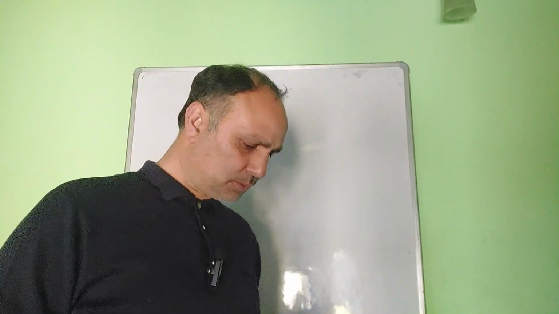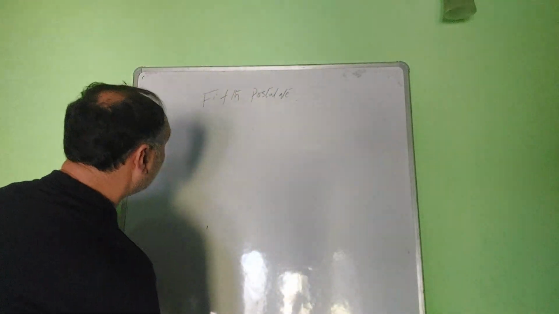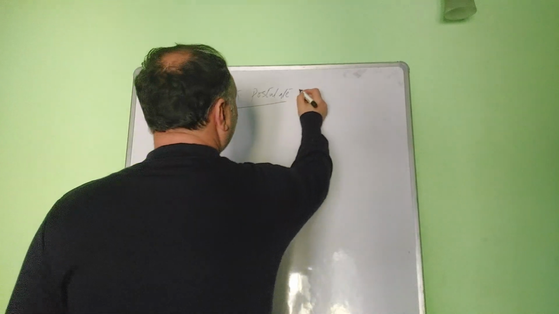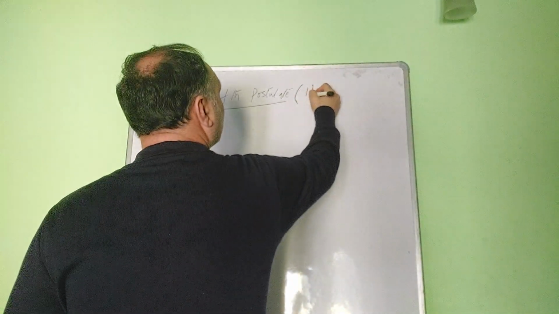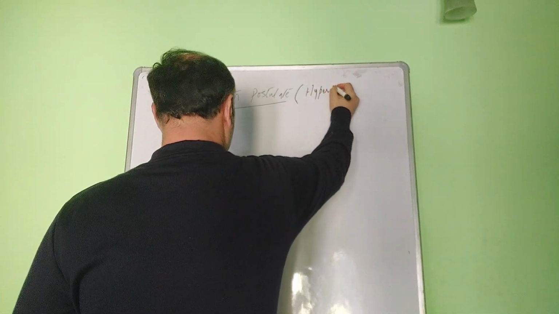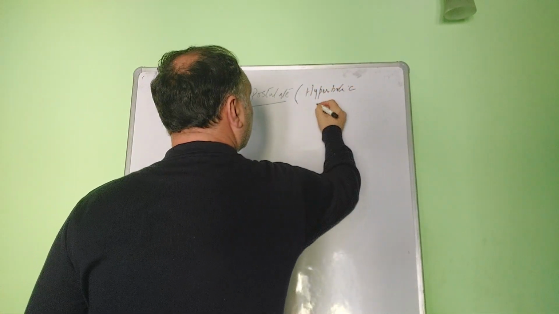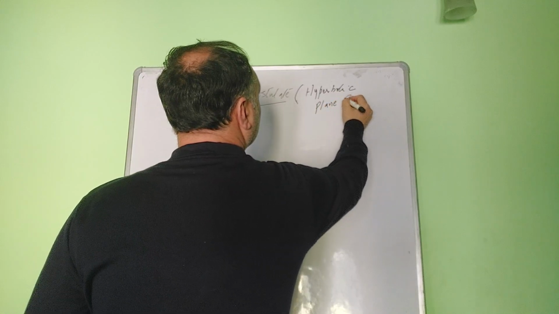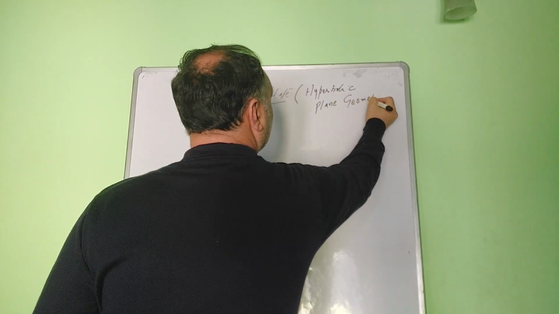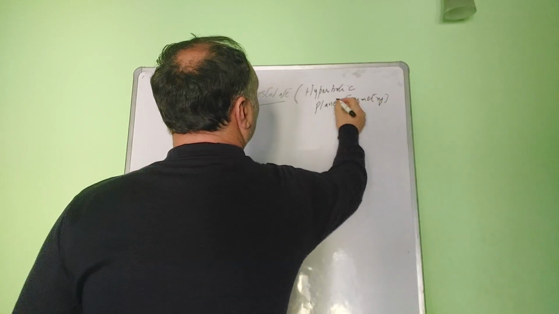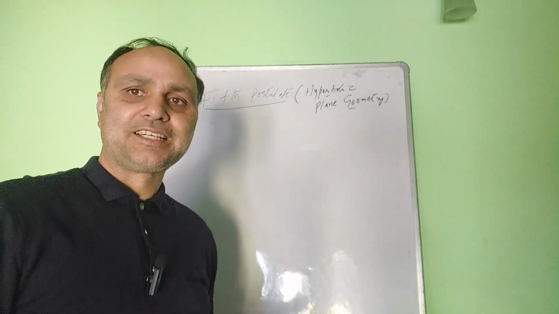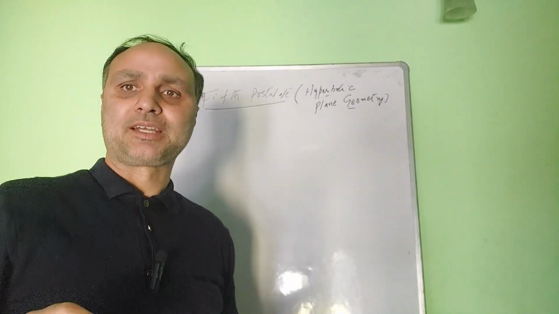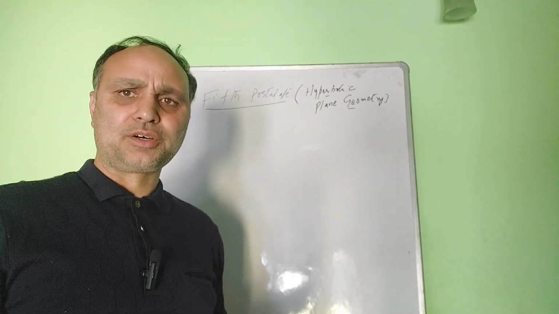So we're going to continue our discussion of the fifth postulate, and how we can define it within hyperbolic plane geometry. So we assume that from a given point to a straight line, there can be more than one parallel line drawn.